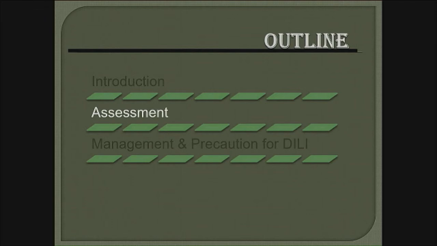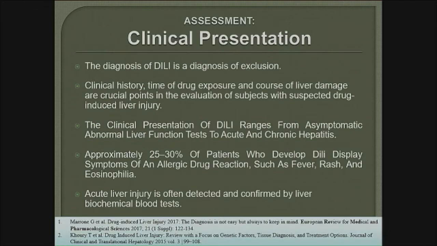So how do we assess the patient with DILI due to oral anti-TB? The diagnosis of DILI is a diagnosis of exclusion. The clinical history, time of drug exposure, and course of liver damage are crucial.